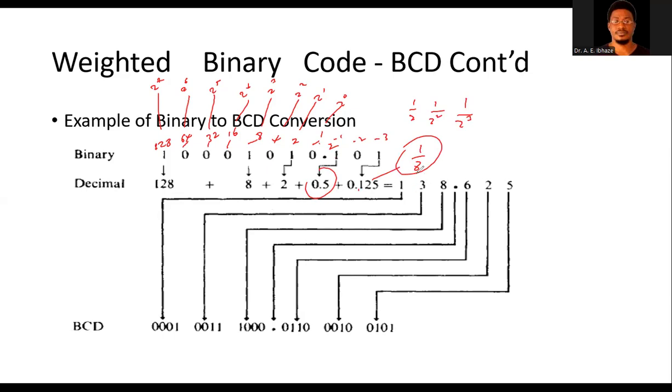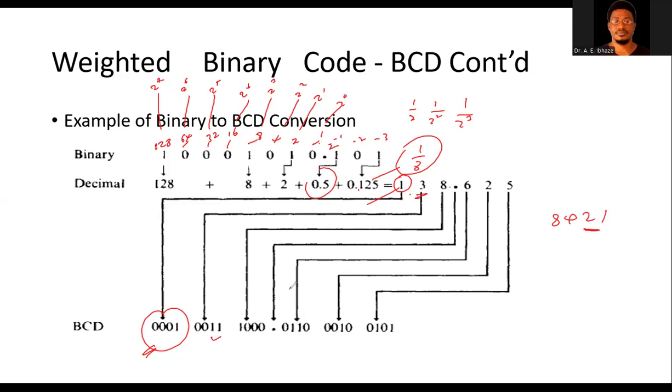And then for each digit, we now take 4 bit spaces for the BCD. So recall 8421, right? Where we have 3, it means 2 and 1 are turned on. For this, just 1 is turned on.